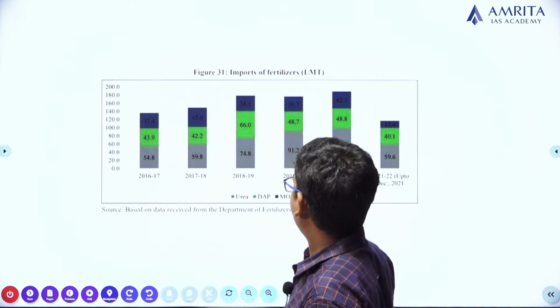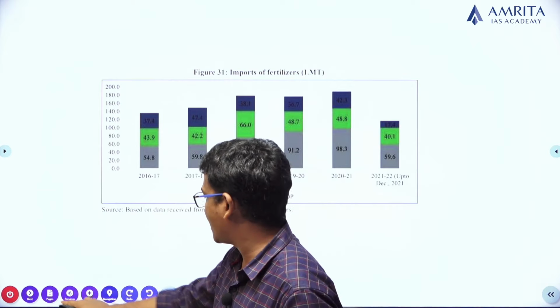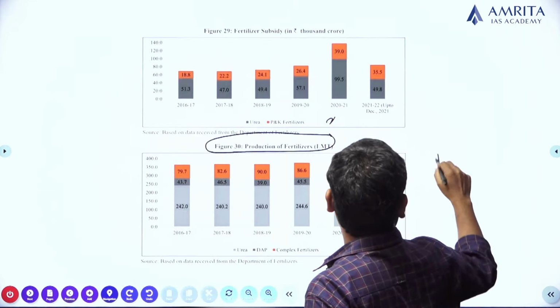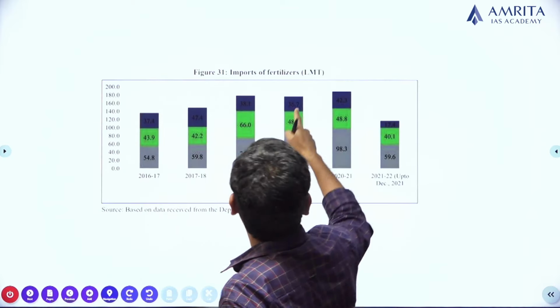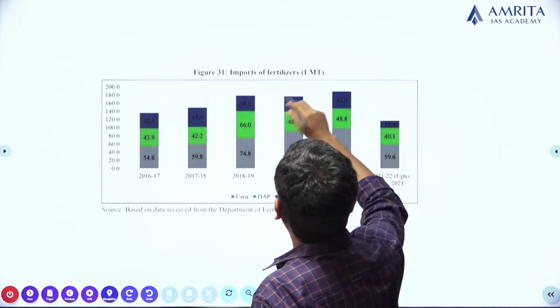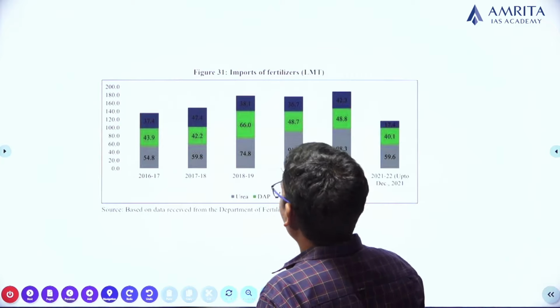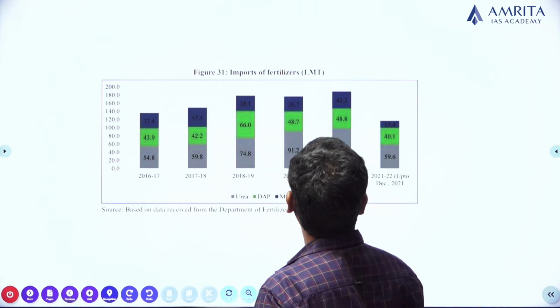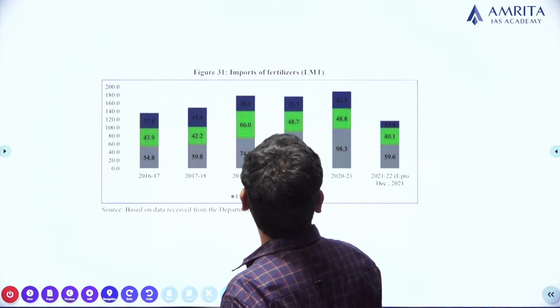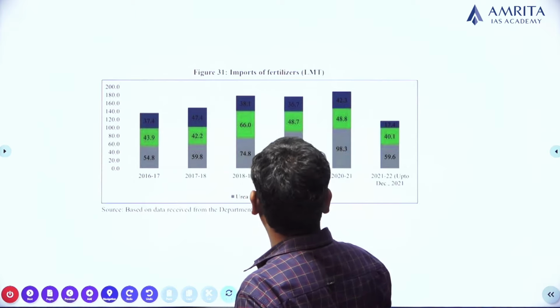And import of fertilizers, and if you have an idea about total production plus imports, that means if you do the calculation for production and import, then you can understand how much fertilizer we are using in this country. Okay, this is the import of urea, DAP, MOP.